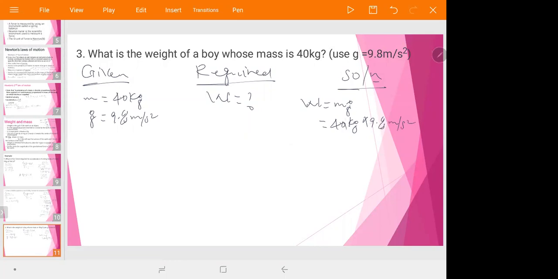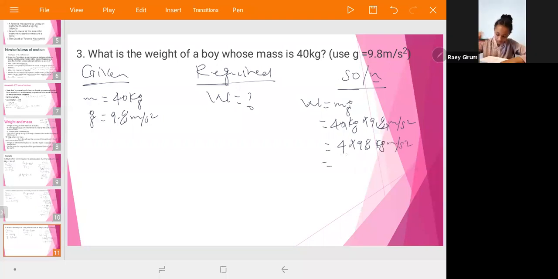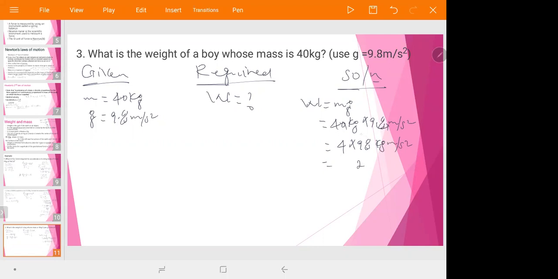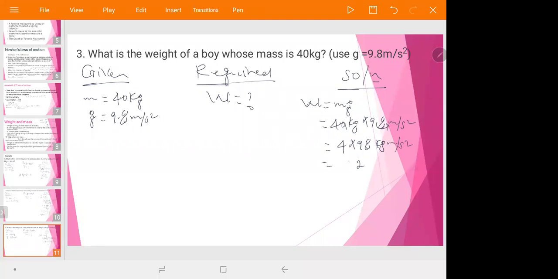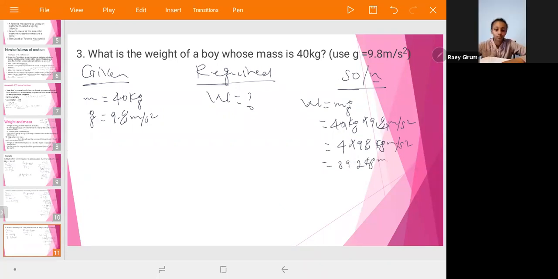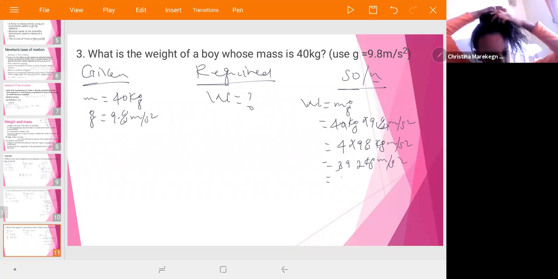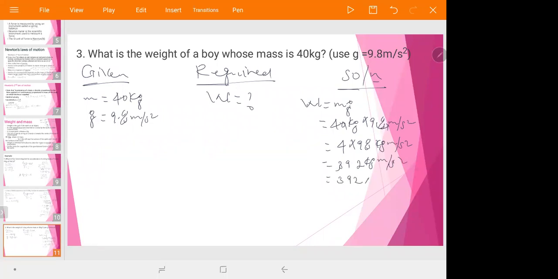If you multiply, it will become 392 kilogram meter per second square, which is equal to 392 Newton.